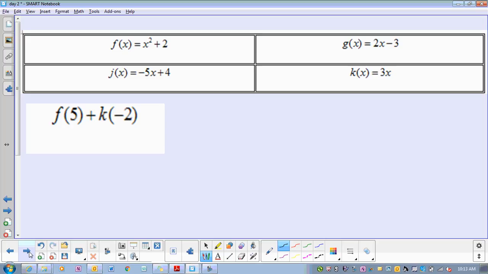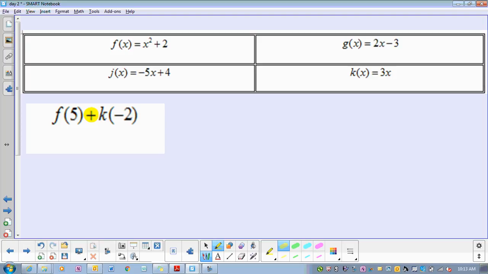Okay, so the next section is talking about adding functions. All right, so this says f of 5 plus k of negative 2. Guys, now we're using two different functions, and then what do you have to do with them? You have to add them.